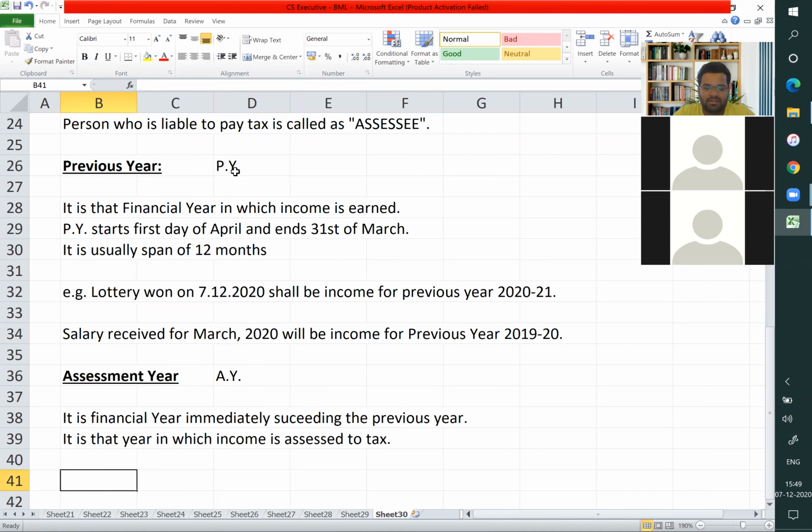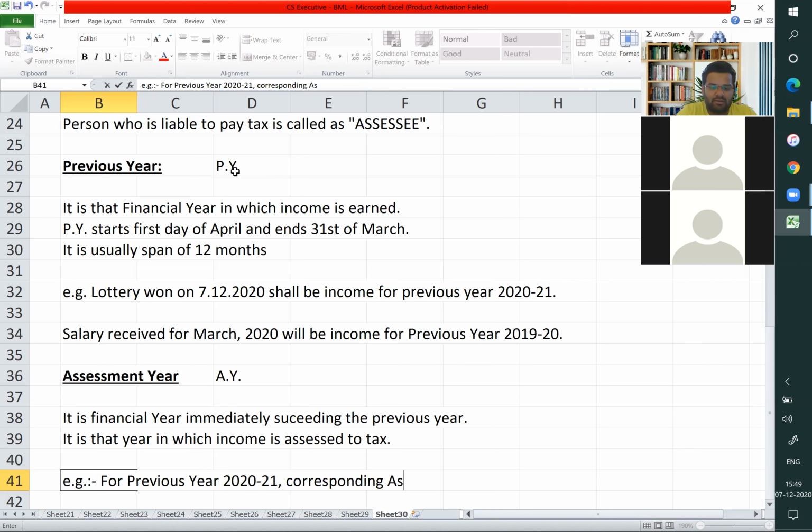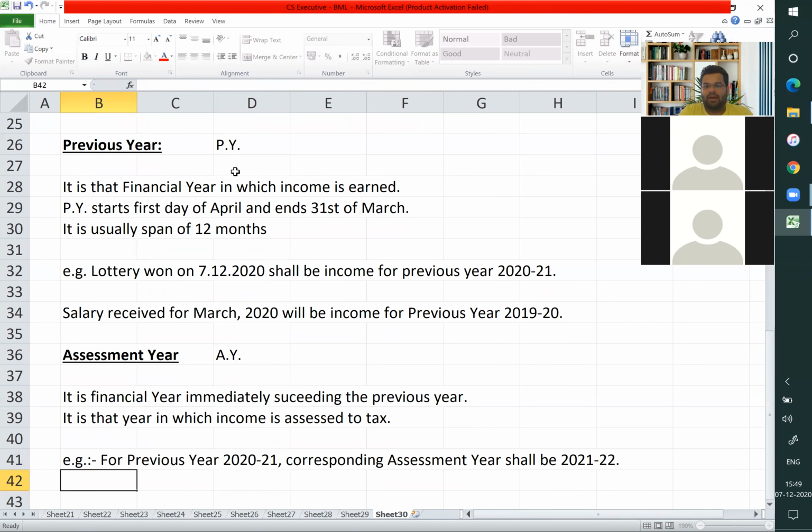Now understand. Example, for previous year 2021, corresponding assessment year shall be, tell me. Of course, 21, 22. Absolutely.